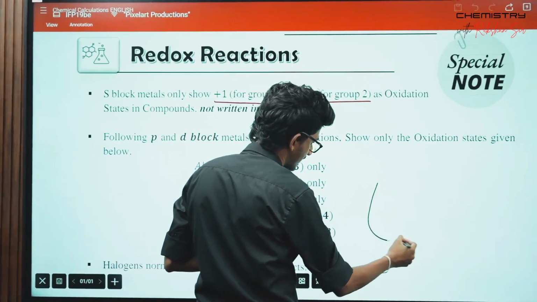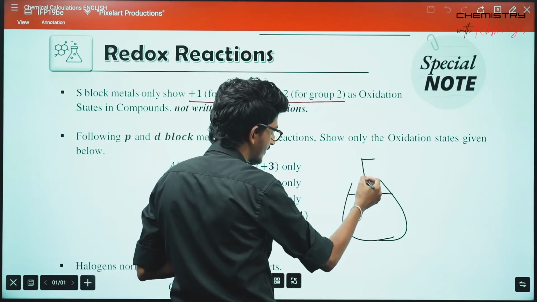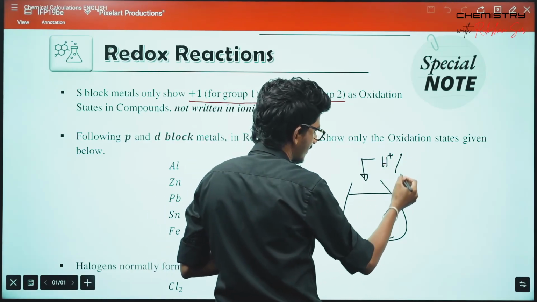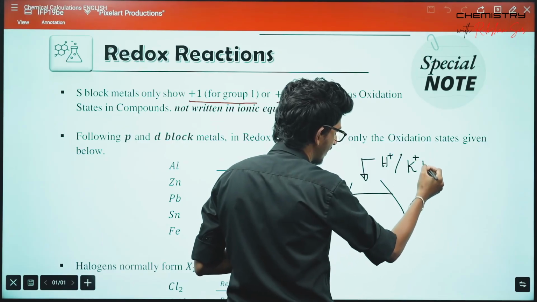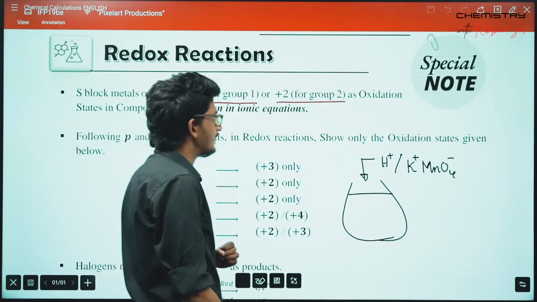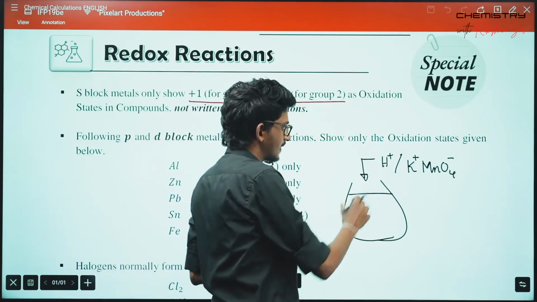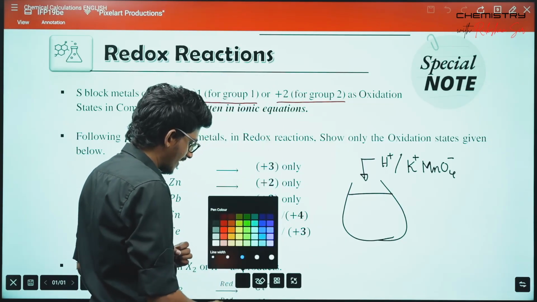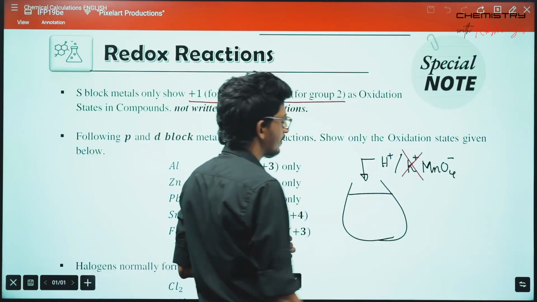With that example, you had added acidic medium KMnO4. KMnO4 is a combination of K+ and the MnO4- ion. If you think of a redox reaction happening with KMnO4, this first rule says there is no need to consider the K+.